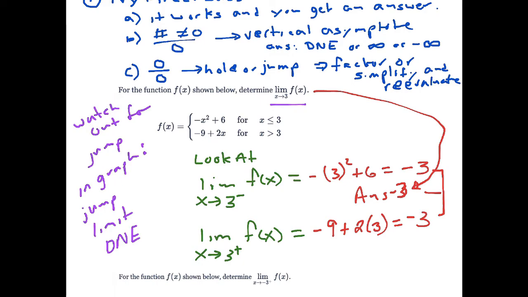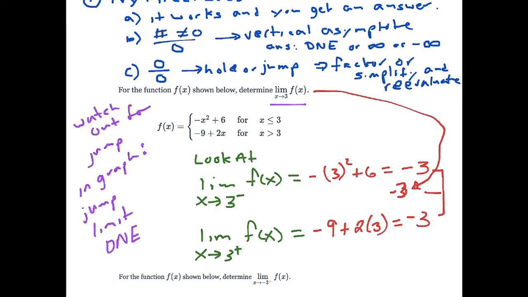So since the left side was equal to negative 3 and the right side was equal to negative 3, then we say that since they're the same, our limit is negative 3. Okay, so the answer is just negative 3.